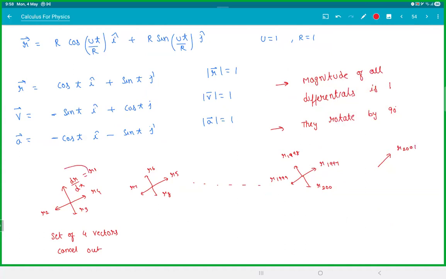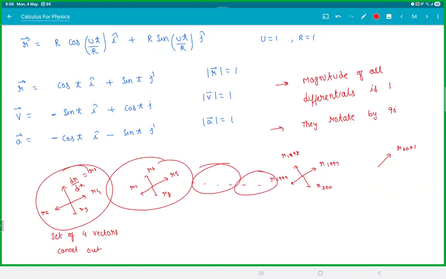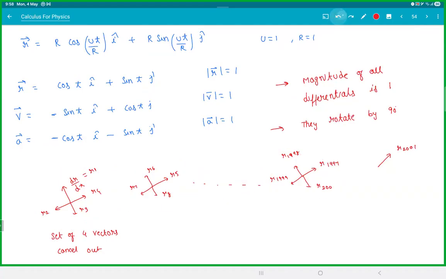Make sense? So these 4, 0, 0, 0, 0, 0 cancel, and you're left with what? One vector. And what is the magnitude of this vector? 1. So when you added all of them, 2000 vectors got cancelled out, and what's left is 1 vector. Is that making sense, everyone?